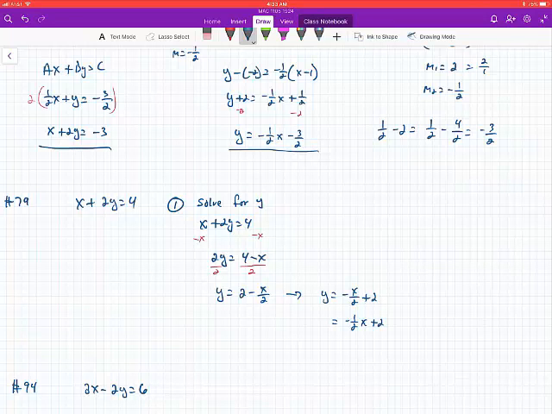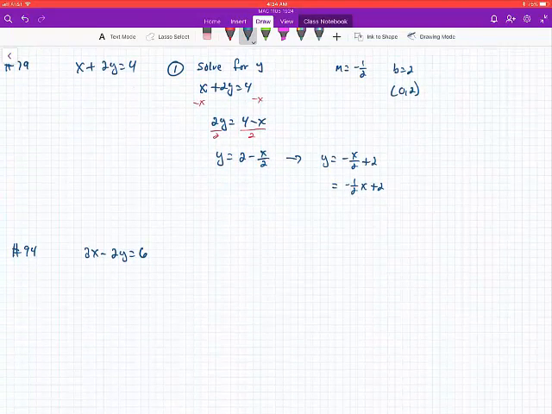So negative x divided by 2 is the same thing as negative 1/2 times x. So then my slope for this particular question is negative 1/2, and then my y-intercept is 2. And if I were to write it as an ordered pair, it would be 0, 2. All right.